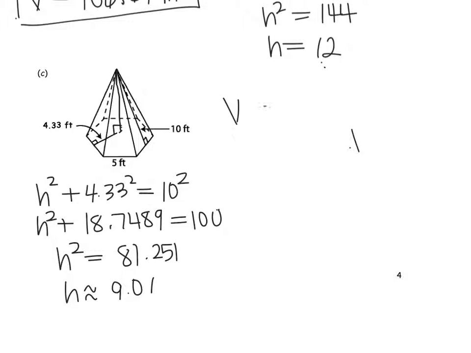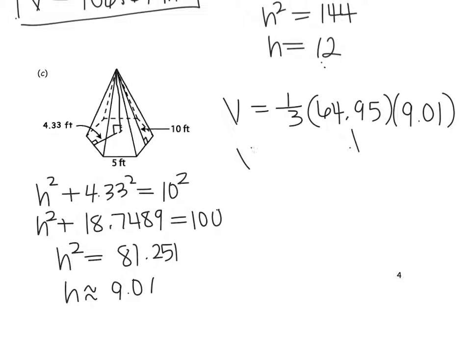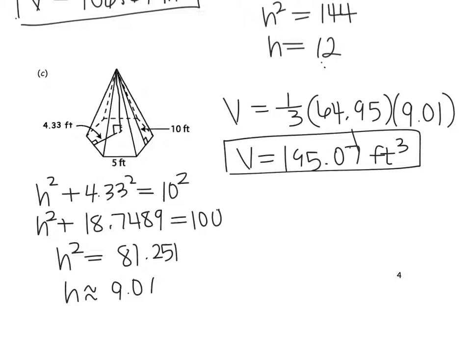So when we go to find our volume, we have 1/3 times our base area, which was 64.95, times our height, which is 9.01. So approximately the volume of our hexagonal pyramid is 195.07 feet cubed.